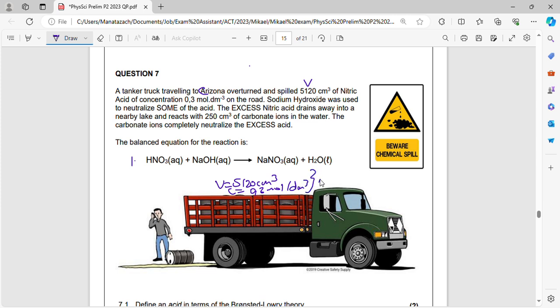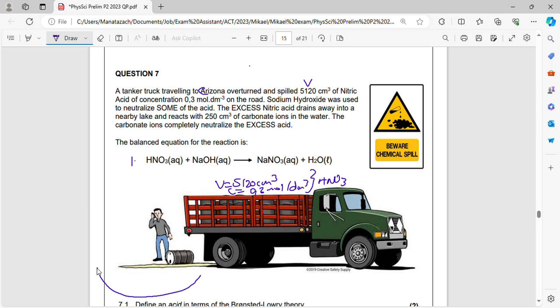So this all belongs to the nitric acid. It is going to be an excess reagent when reacting with sodium hydroxide. So not all of the sodium hydroxide will be able to neutralize this acid. The excess part of it is going to drain into a lake.